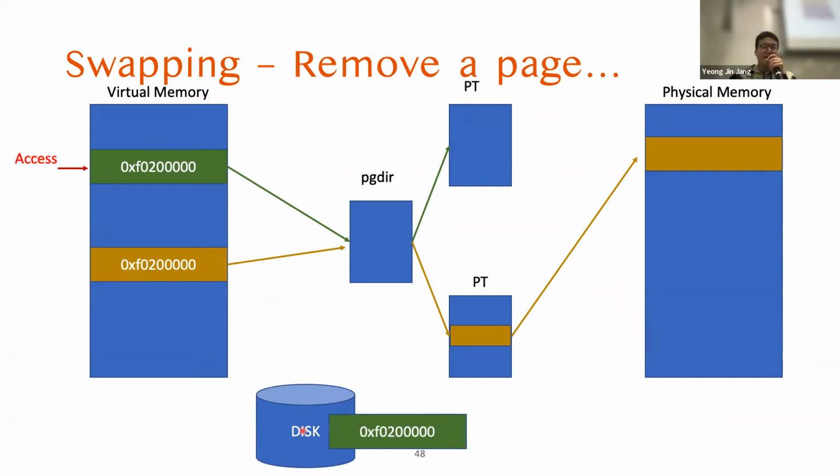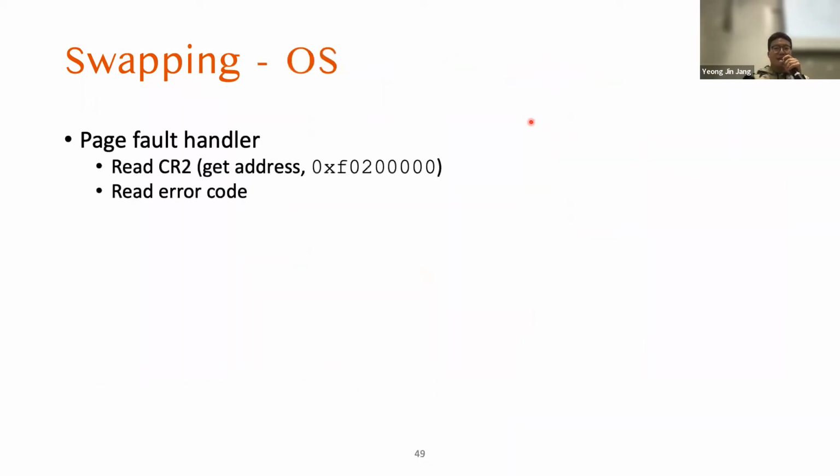Then, whenever there's an access, there's no entry, so it will generate a page fault. Whenever a page fault happens, we know the faulting address in CR2, then we can consult the disk to see if that address is stored in there. If it is, then we can map it back and continue. So the logic is that in the page fault handler, we get the faulting address.